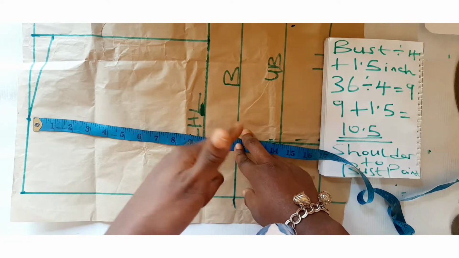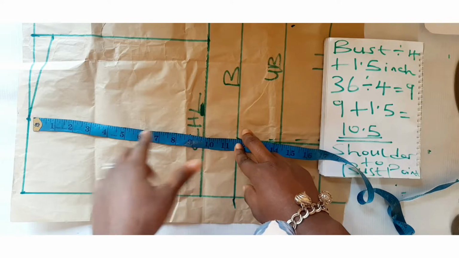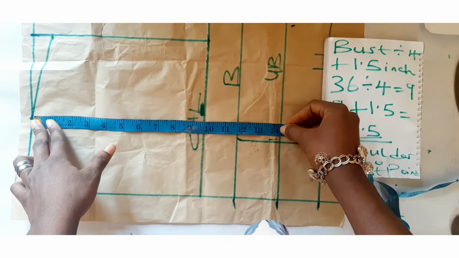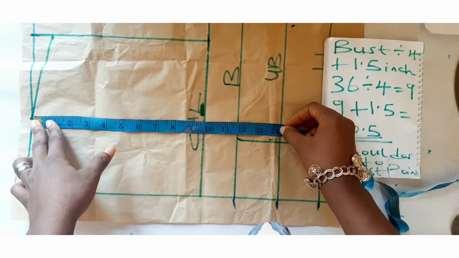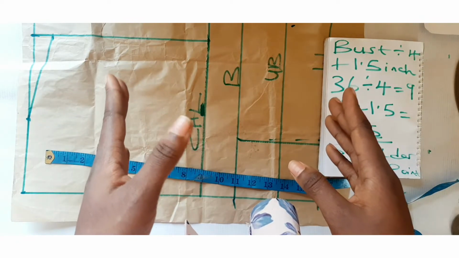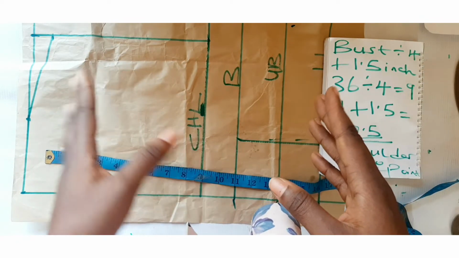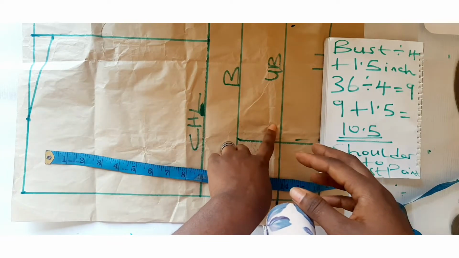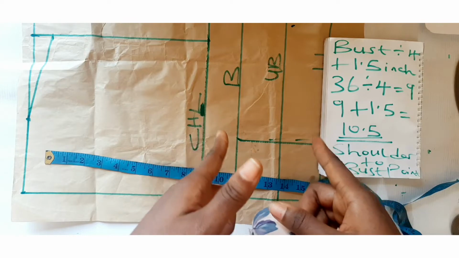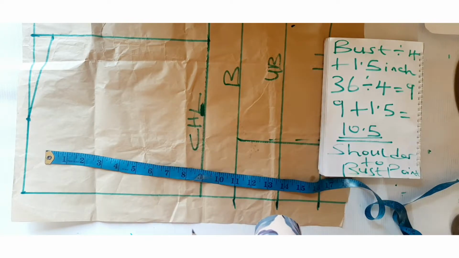From your shoulder to your under bust, add 4. That is how to get your shoulder to under bust. You add 4 to get your accurate under bust measurement.